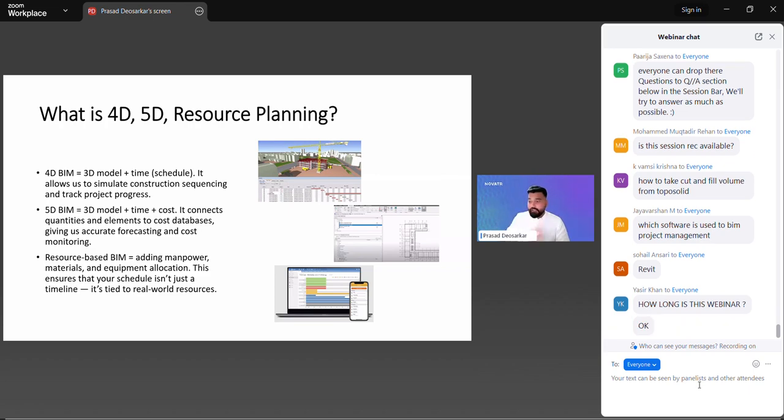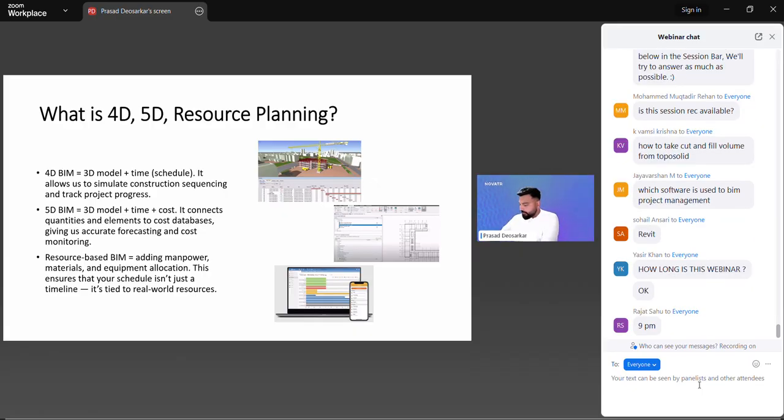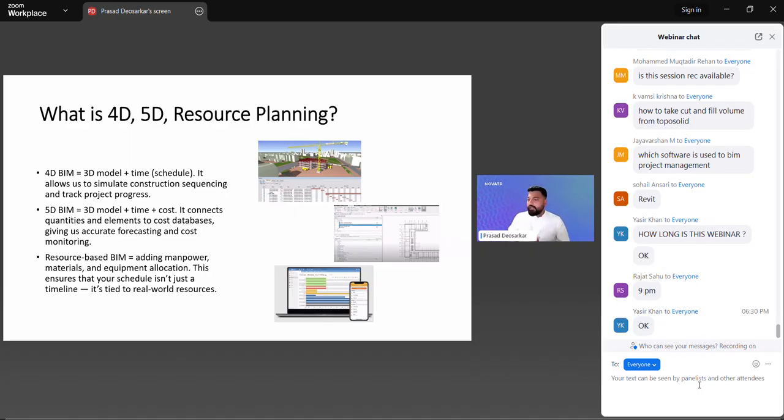Which then also gives you an idea that 6 months down the line, I'm supposed to have that much cost in the bank, that much cost that I've spent, and that much timeline that I've achieved. And I can also visualize at the same time how many resources I've used up, how much money I've spent on the resources. Do I need more resources to cover up for the time and cost that has been delayed? All of that can be visualized using different tools and softwares.